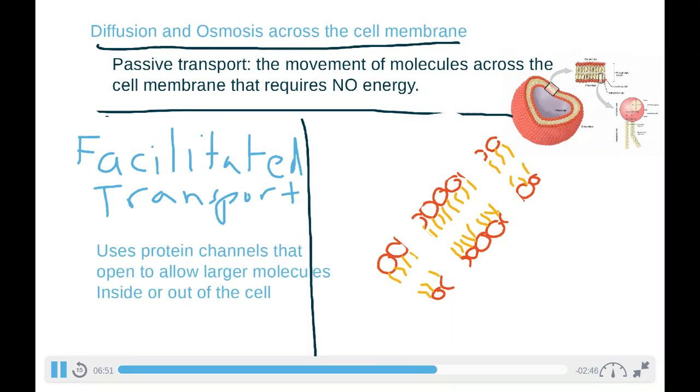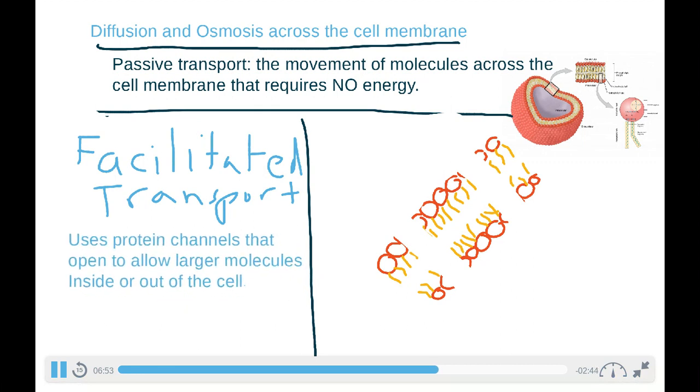All right, and facilitated transport uses protein channels that allow the larger molecules inside or out of the cell. Like I said, sugar can be a large one of these, and so we're going to make the protein channels, or gates they're sometimes called, green.